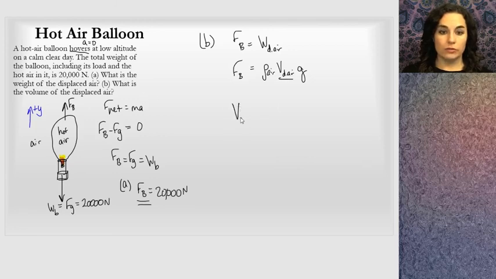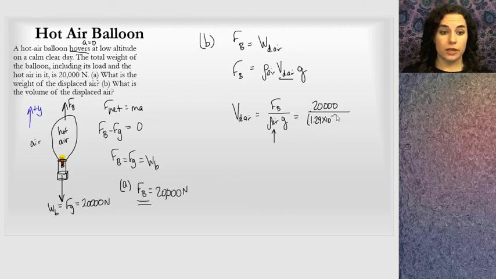The volume of the displaced air will equal the buoyant force, F buoyant, divided by the density of air times gravity. Okay, so all of these are numbers I know. The buoyant force we know is 20,000 newtons. We can look up the density of air in any book. It's 1.29.